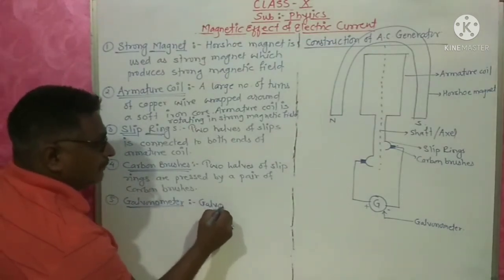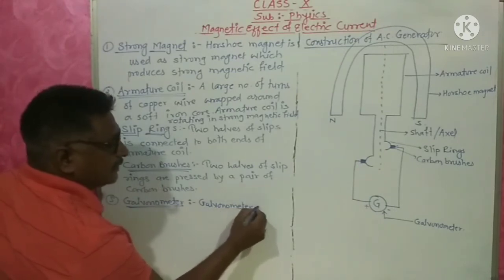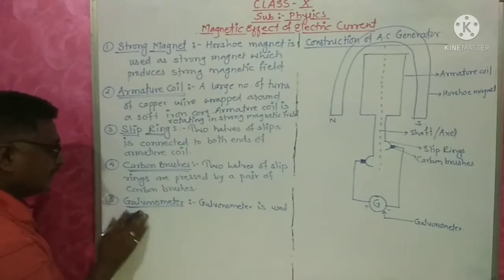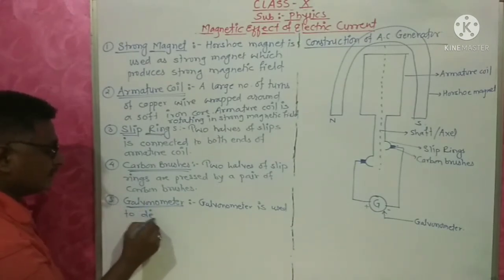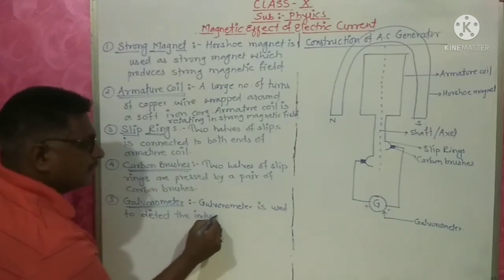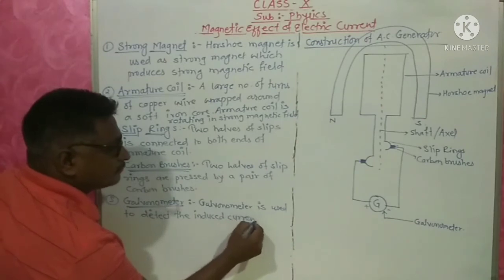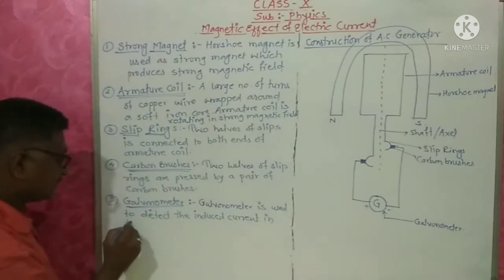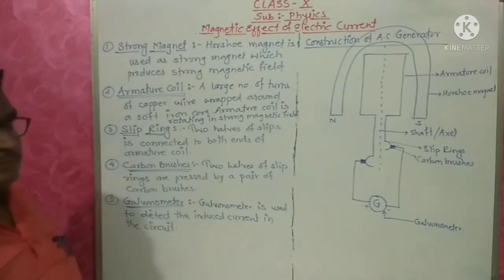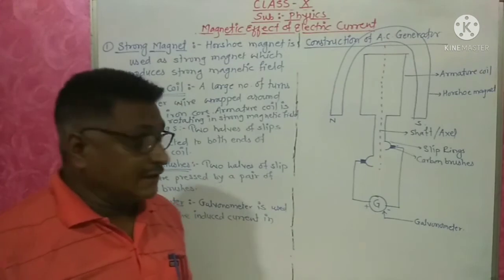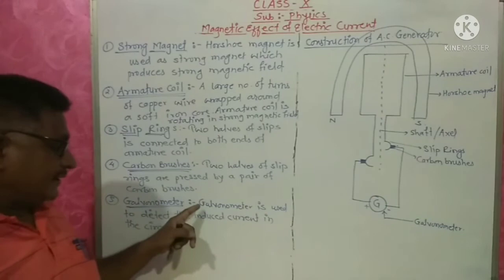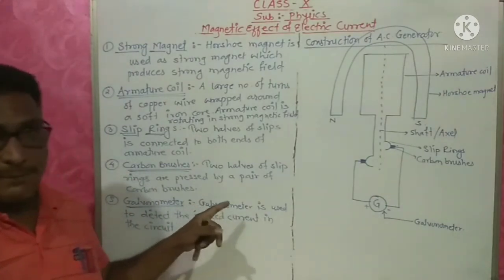So the galvanometer is used to detect the induced current in the circuit. Whether current is induced or produced in the circuit or not, that we detect by using the galvanometer.